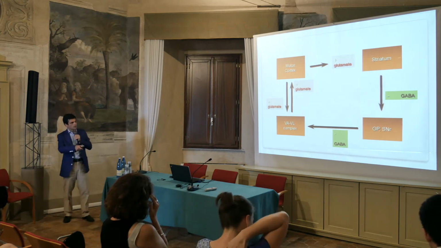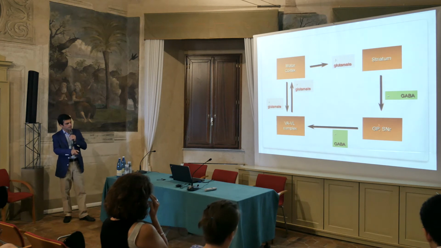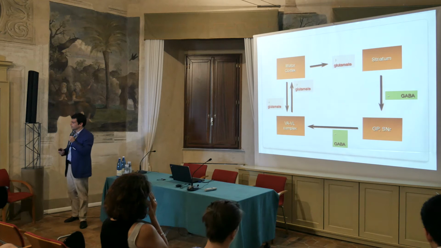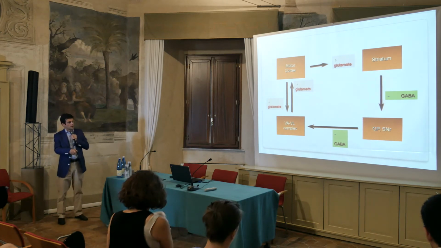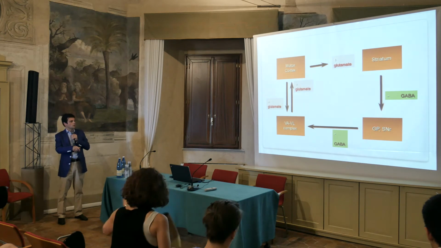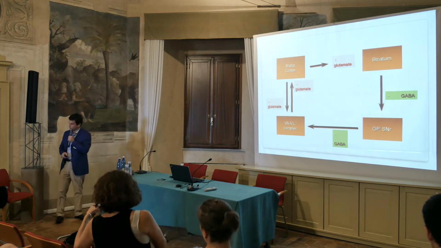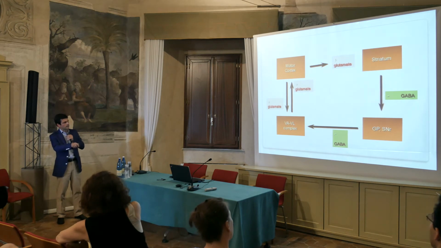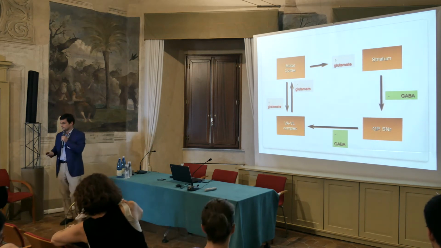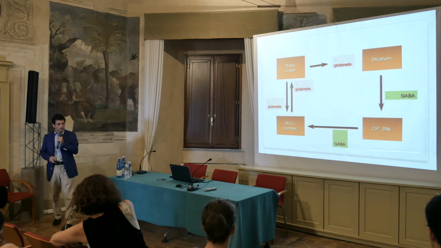So you have a net inhibitory synapse to globus pallidus and substantia nigra reticulata. And these are again GABAergic and go back to the thalamus. And the last pathway back to the cortex is again glutamatergic.